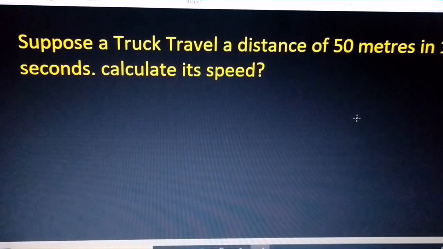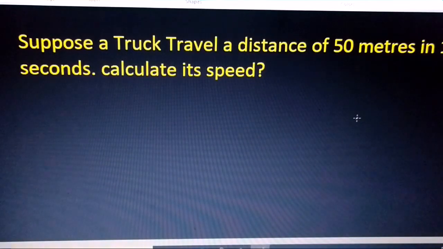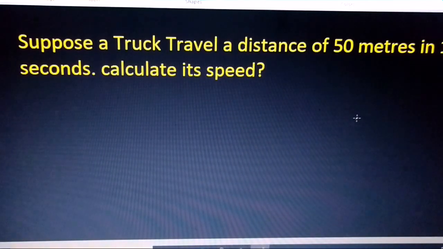Suppose a truck travels a distance of 50 meters in 10 seconds. Calculate its speed. Now we have to find the speed of the truck.